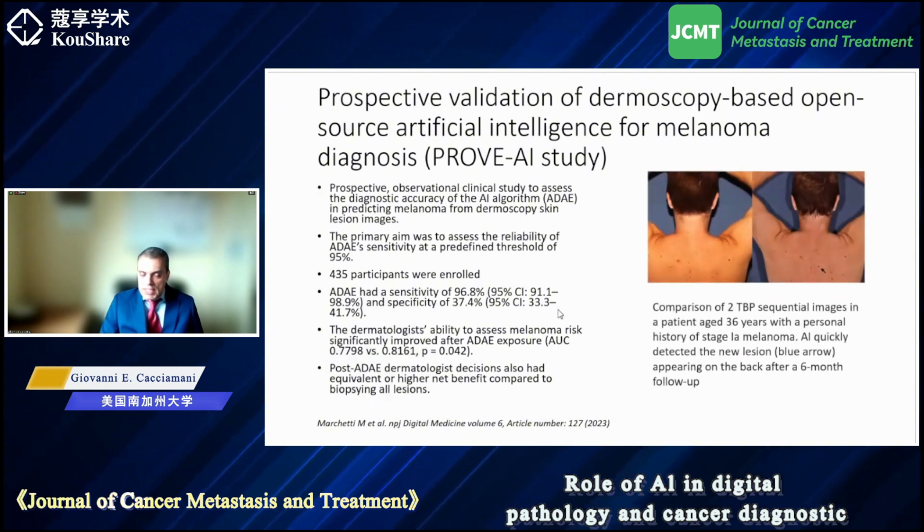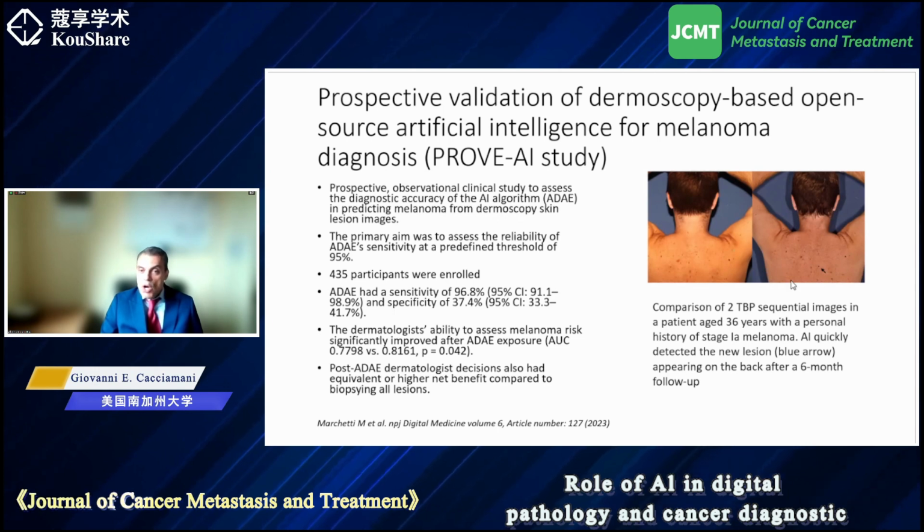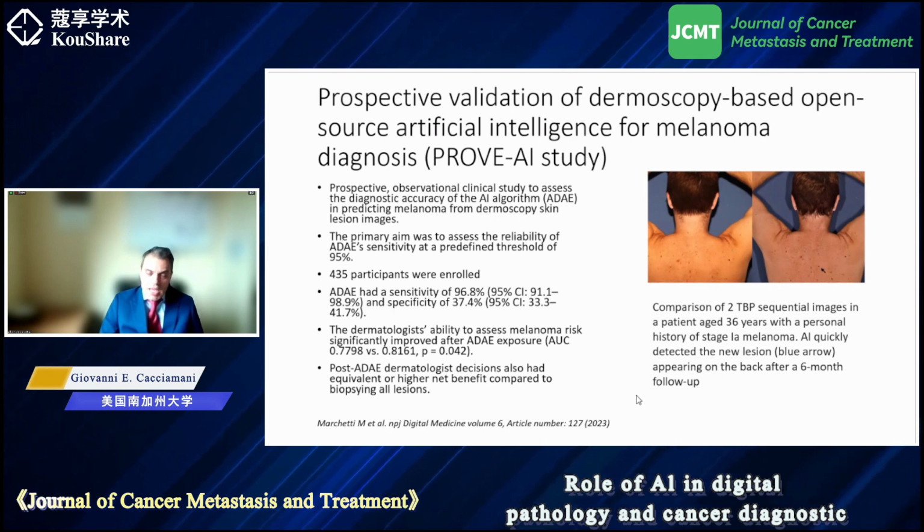And interestingly, we all know that macroscopic examination of melanocytic lesions is the first step for diagnosis of melanoma. There are studies now showing that digital analysis of a single patient and comparison of images can easily detect the appearance of new lesions or the increase in size of some of them.